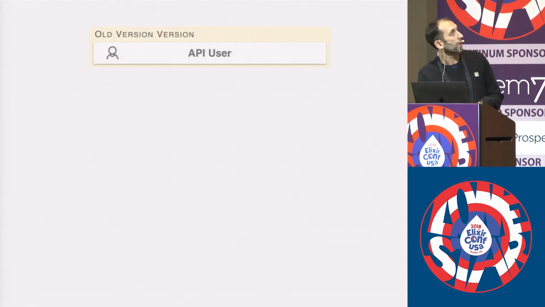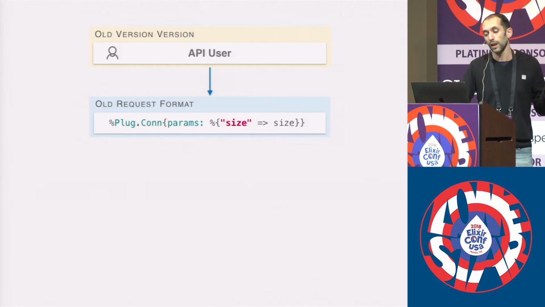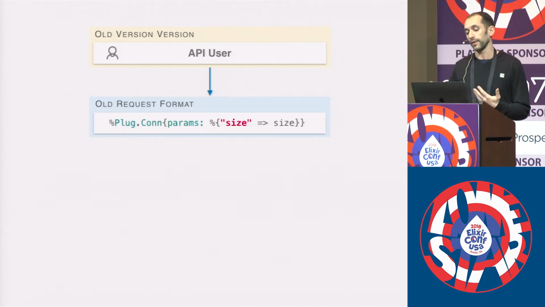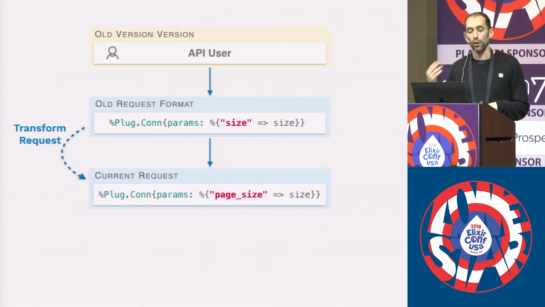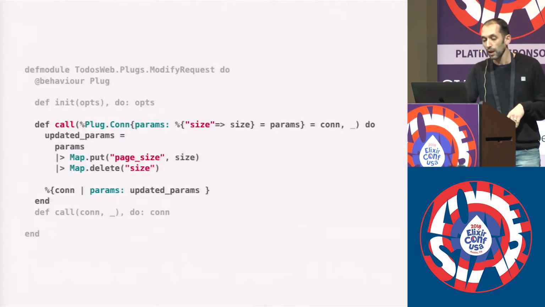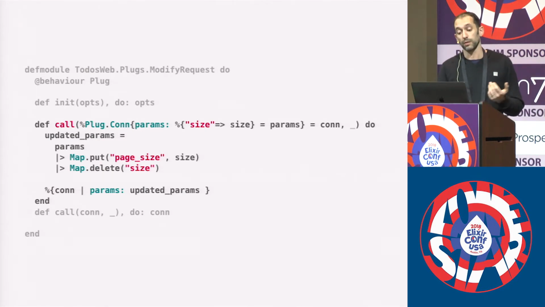So we have a user running on an older version. They make a request in the old format, so they specify size as the parameter. We can transform that from size to page size, the new format, and then pass it into the application running on the latest version. We can implement this with a simple plug.